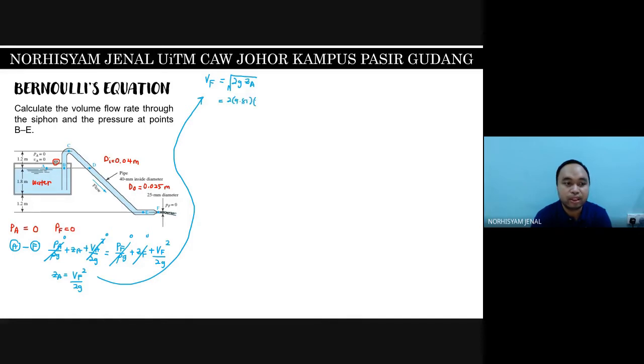ZA is equal to 1.2 plus 1.8. Then we will get the answer. VF should equal 58.86.